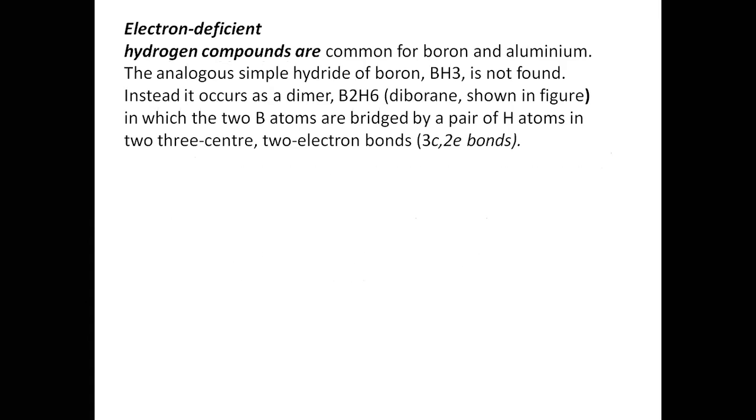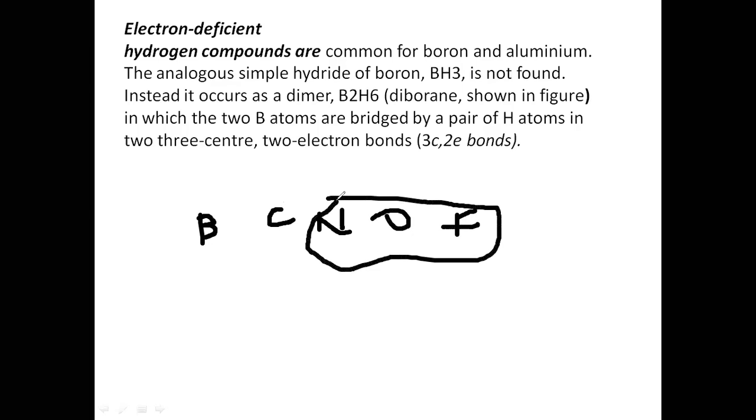So one of them is, see, the first element is boron. Before carbon there is boron. So boron, carbon, nitrogen, oxygen, fluorine. So the hydrides of these families are electron rich, electron precise, and electron deficient like that. Why?